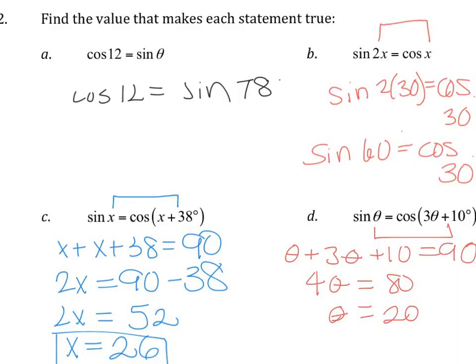So sine of 20 is equal to cosine of 3 times 20 plus 10. Finally, sine of 20 is equal to cosine of 70.